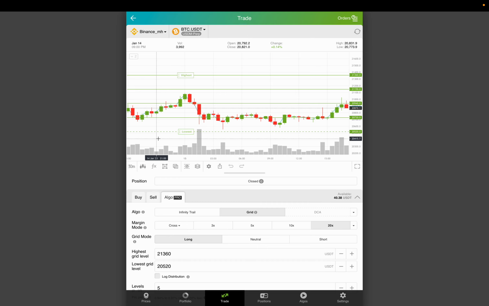Long grid will profit from market price moving between the grid levels here, and if the market price leaves the grid range and goes higher, you will be making a good profit too. Whereas if it goes lower, your risk will be actually higher than the neutral grid, but more than that in a minute.